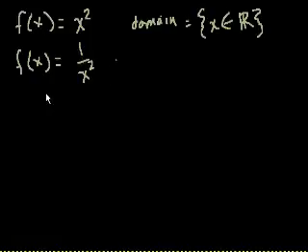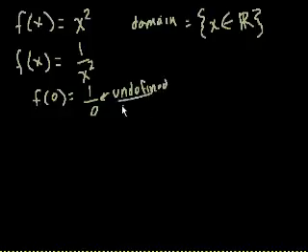Well, what's f of 0? f of 0 is equal to 1 over 0. And what's 1 over 0? Well, I don't know what it is, so this is undefined.